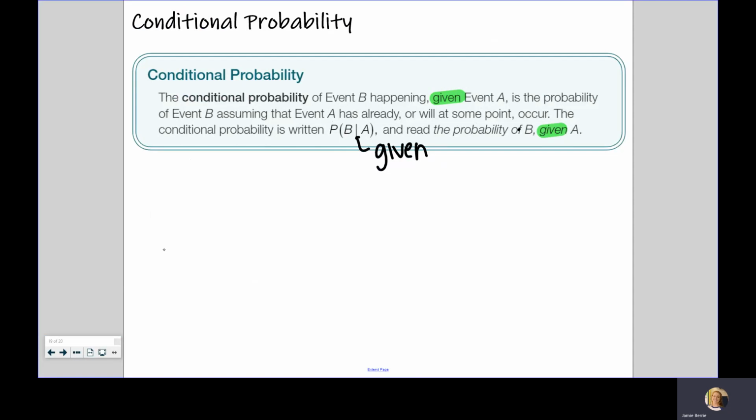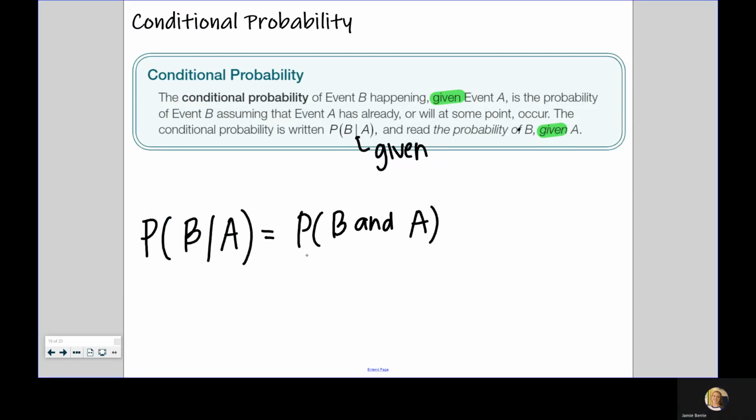This is the rule for conditional probability. The formula says the probability of an event B given an event A is equal to the probability of B and A, divided by the probability of A. Whatever the second piece is, that's what goes in the bottom.